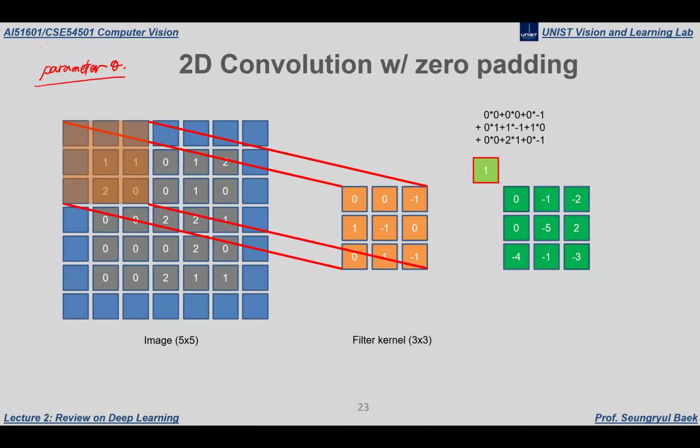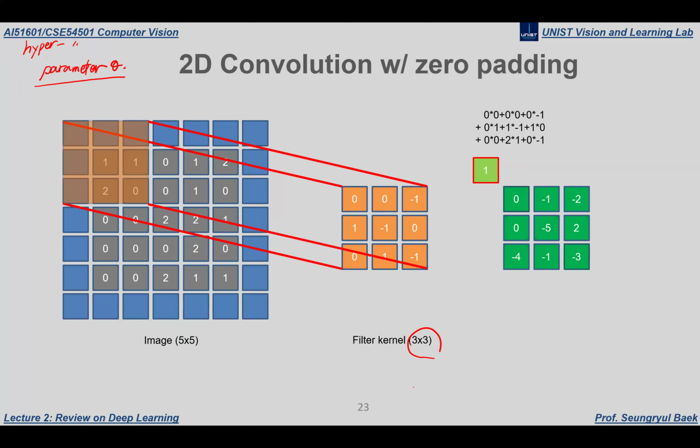But if we say hyperparameter, then we will not train those, but we will preset them before training. So for example, 3 by 3, the dimension of the filter kernel, that is a hyperparameter.